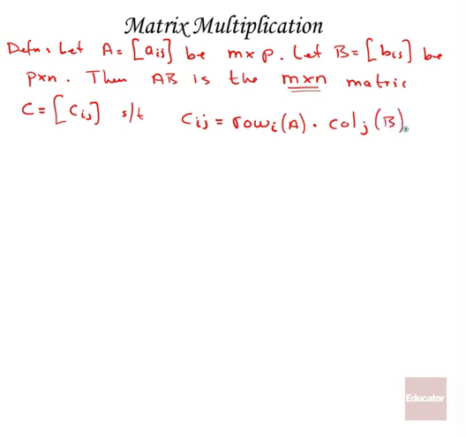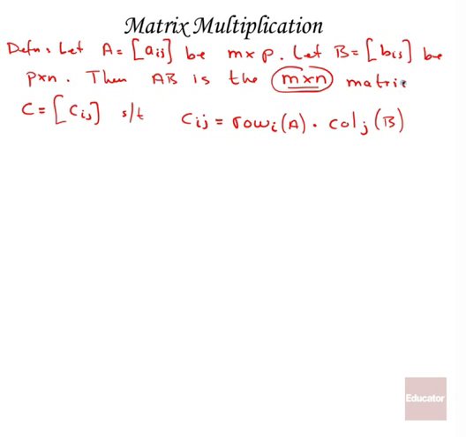So let's take a look at the definition again. A is a matrix A sub ij, it is m by p. B is a matrix B sub ij, p by n. When I multiply those two matrices, essentially what happens is that the column of the first matrix, the one on the left, cancels the row of the matrix on the right, and what you end up with is a matrix which is m by n.